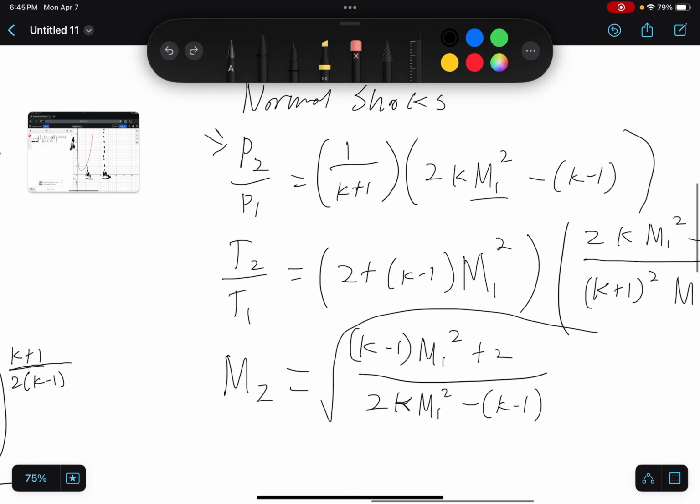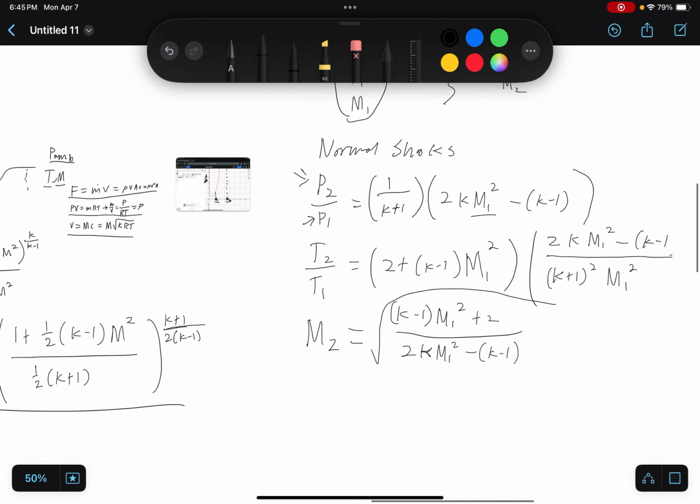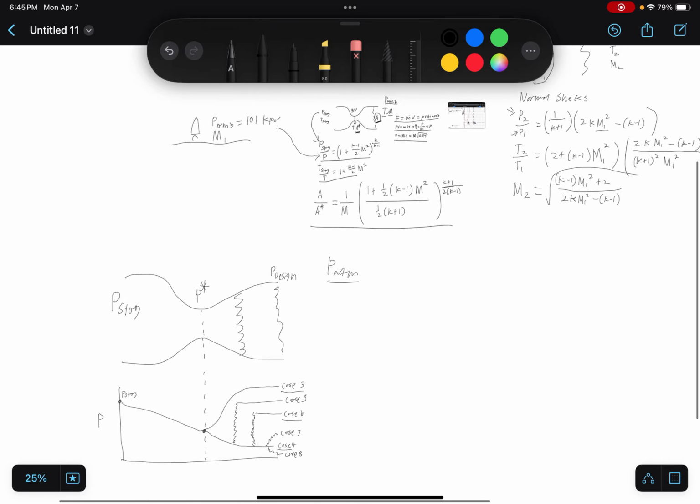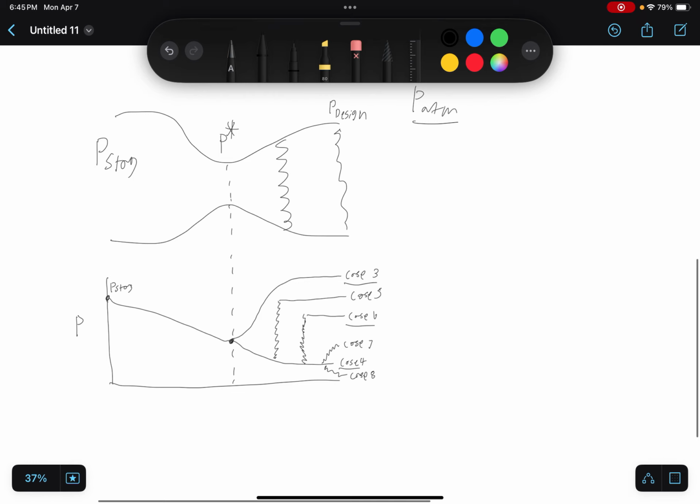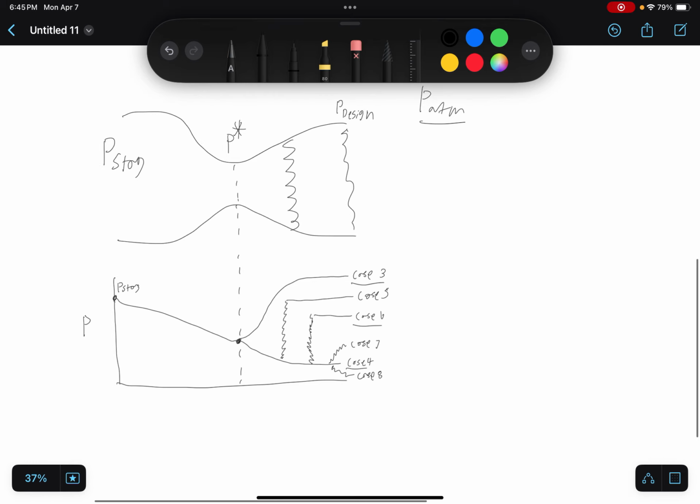You know K, so you can calculate the pressure. If you have a case 6, that pressure would be, if you have a case 5, that pressure would be somewhere between here and there, because the pressure is decreasing. So it'll be somewhere between those two.